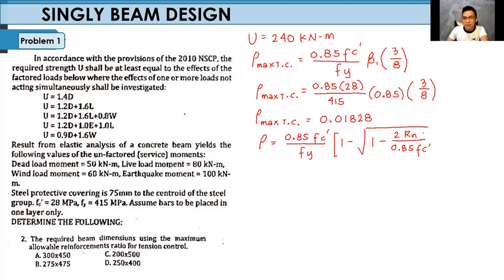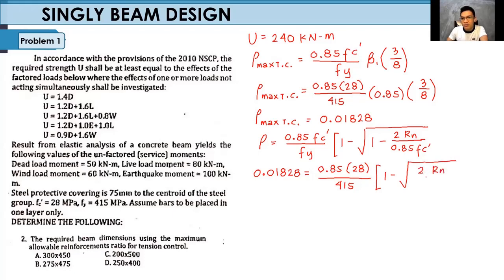So therefore, by using this one, substitute natin kasi rho maximum in tension control yung gagamitin natin. So substitute natin 0.01828 equivalent to 0.85, Fc prime natin is 28 divided by Fy, which is equivalent to 415, open parenthesis, 1 minus square root of 2 multiplied by Rn.